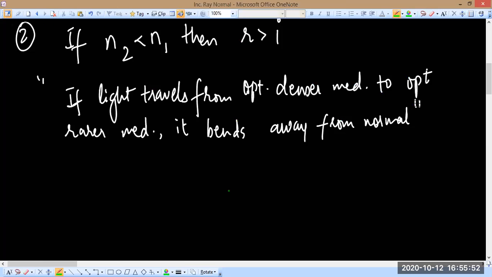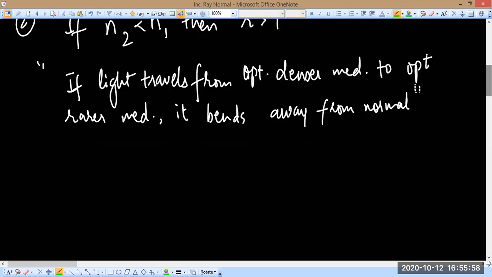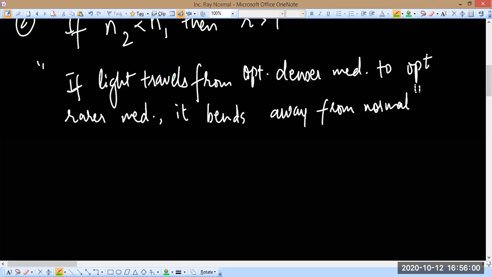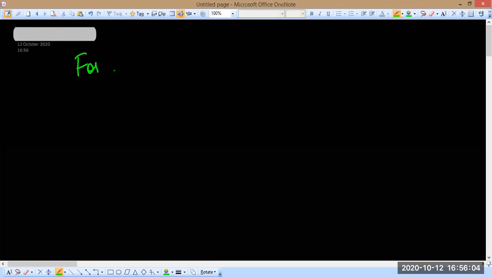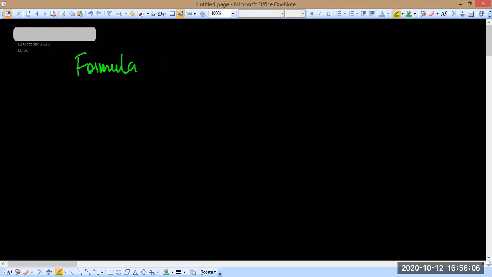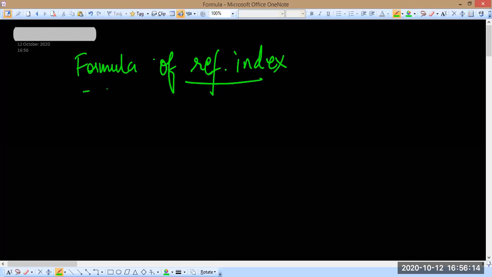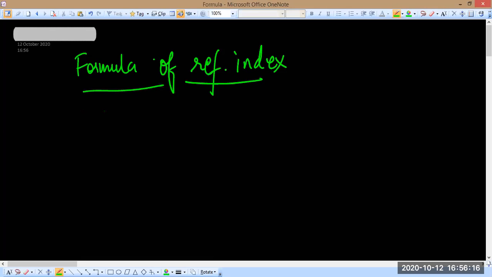Okay, so these are two important sentences. Now some important formula coming up. Formula of refractive index. આ 10th માં આવતું હશે કદાચ, યાદ હશે કે નહીં ખબર. Formula of refractive index. Okay, right?